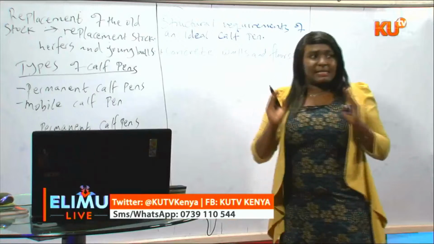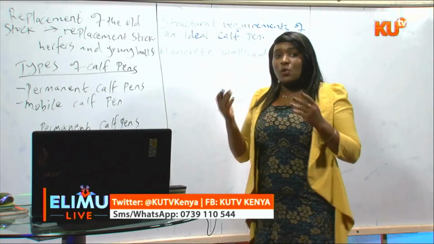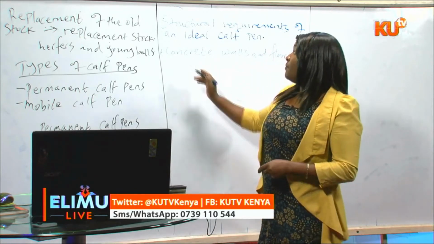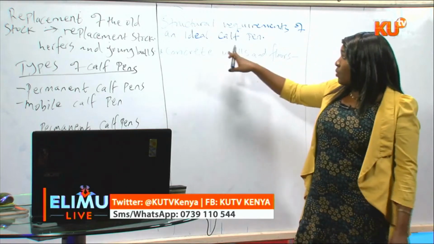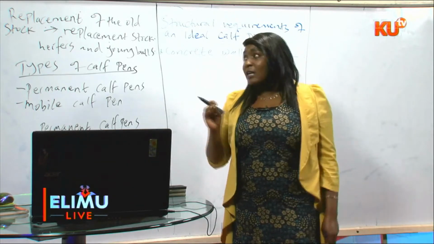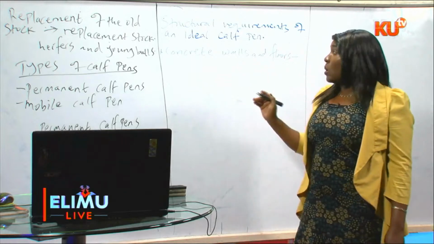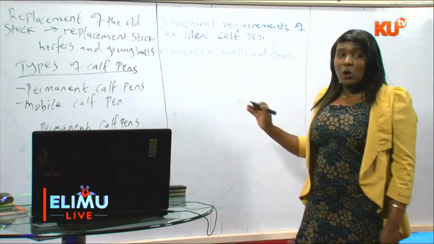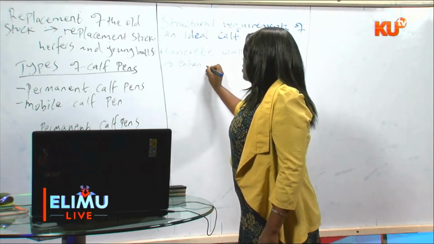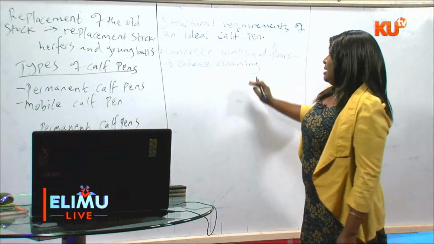An ideal, the best calf pen that is going to be of importance to your farm in terms of profit maximization. Ensure that the walls and the floors are concrete. If you can afford, ensure that you can make concrete walls and floors. And this is because these concrete walls and floors are easy to clean. This is to enhance cleaning, or to make the calf pen easy to clean.